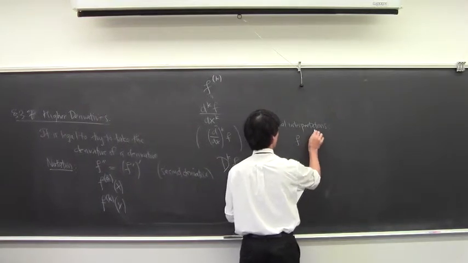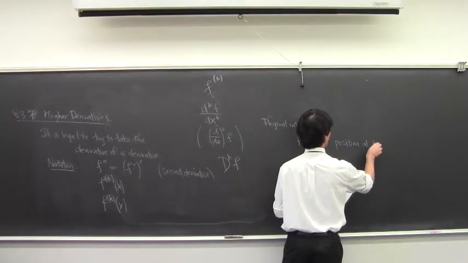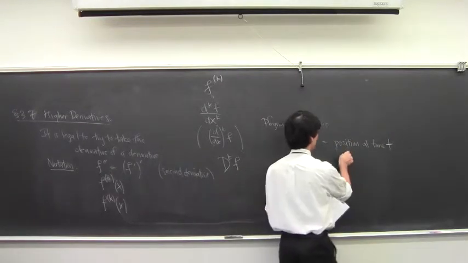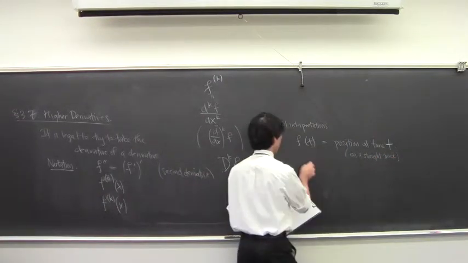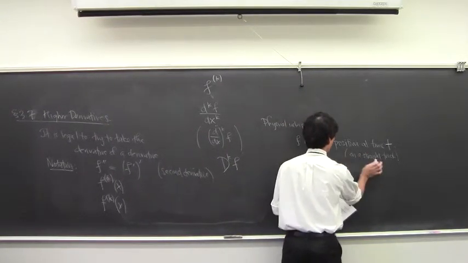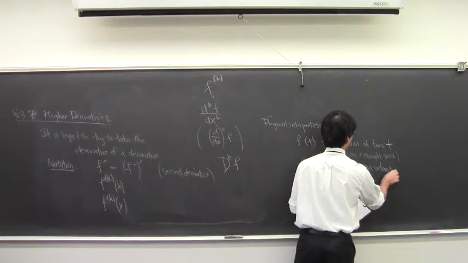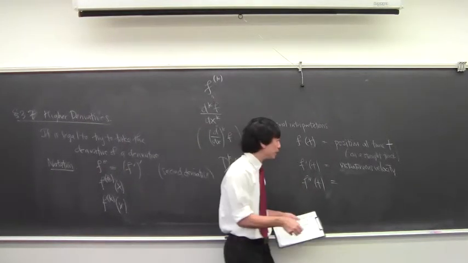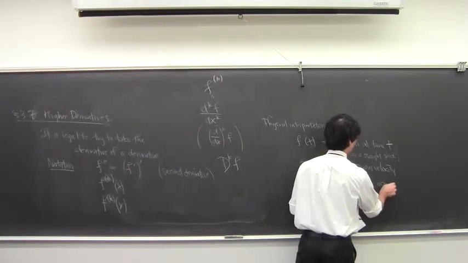If f is say position at time t on a straight track, then f prime is the velocity, the instantaneous velocity, and then f double prime is the instantaneous acceleration.